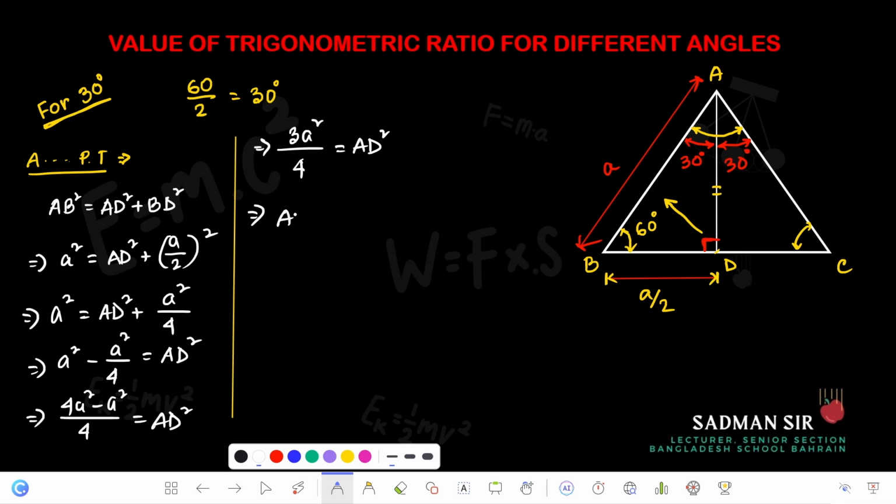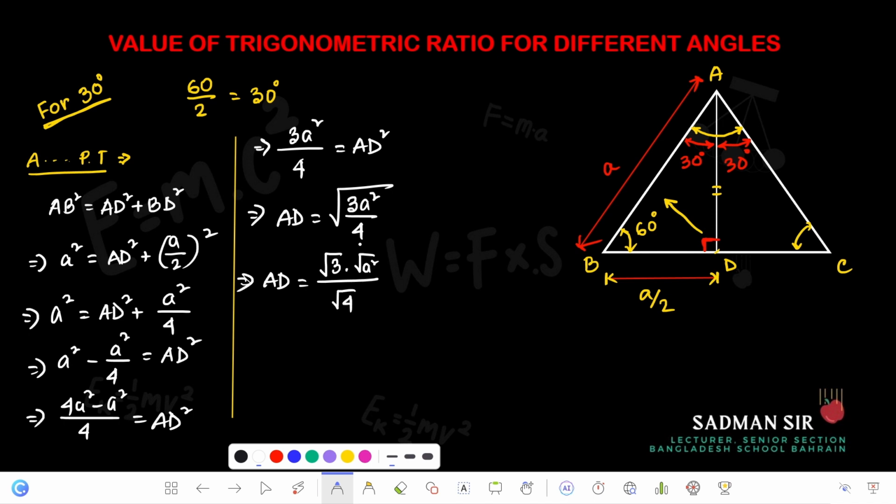If I want to write AD equals, then the square will be transferred to this side and it will become a root over. So root of 3A square divided by 4. Now what can we do? As the root is over all of the numbers, we can write the root separately on each of them, right?